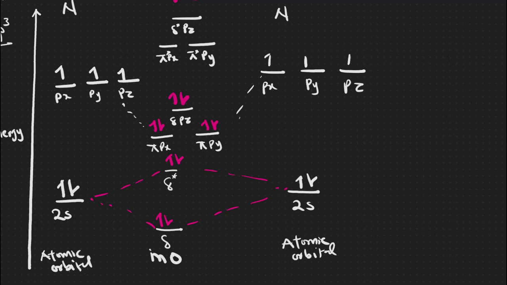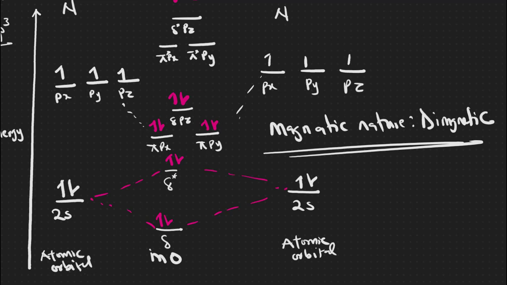But since there is no unpaired electron, the magnetic behavior is diamagnetic, simply because there is no unpaired electron. So all the electrons are paired. So that is it for the nitrogen molecule.